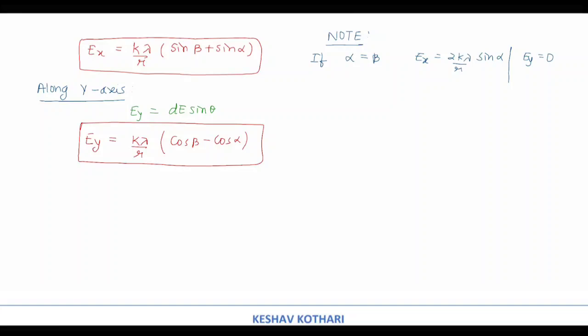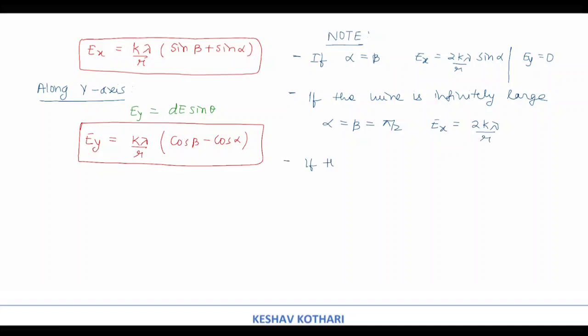The next one is, if the wire is infinitely large, then the value of alpha and beta is going to be equal to 90 degrees, and hence the electric field along the x-axis is going to be 2k lambda by r, whereas along y the value is going to be 0.